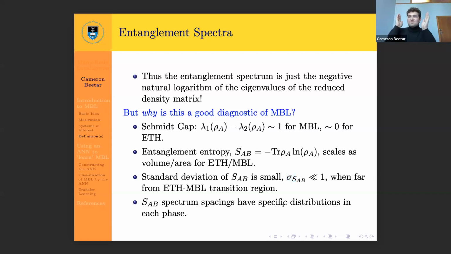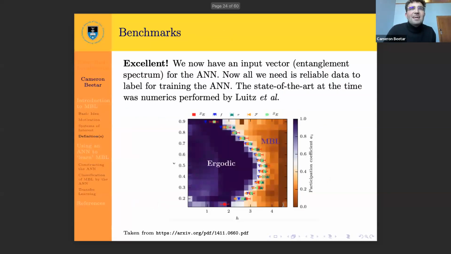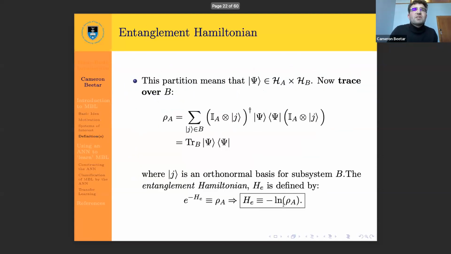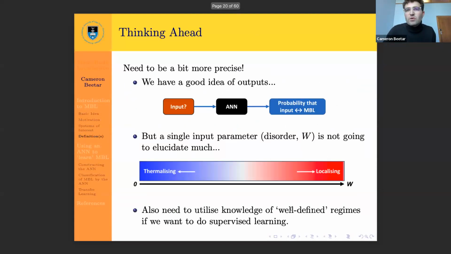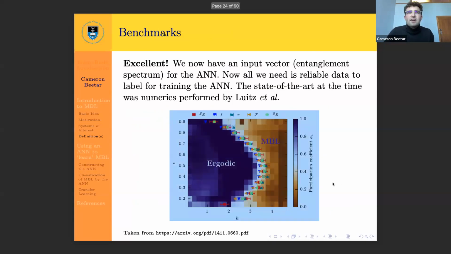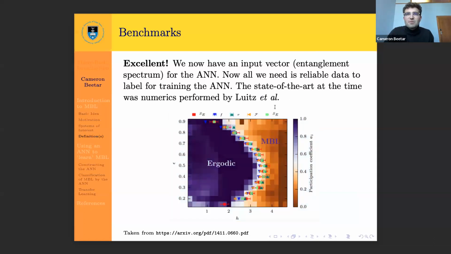Right, so we have now isolated the input for the neural network, and we've justified our reasons for choosing that input. Now we need something to benchmark against. This refers to that much earlier comment about knowing what a well-defined regime is. In work by Wits et al., exact numerical simulations were done.